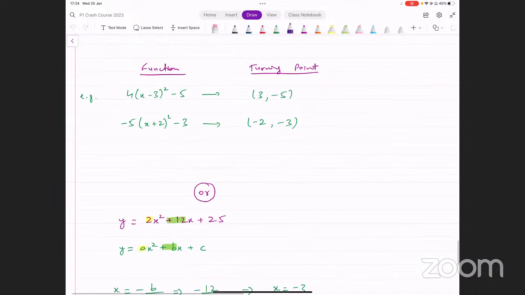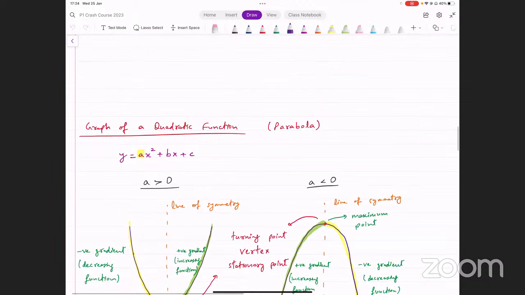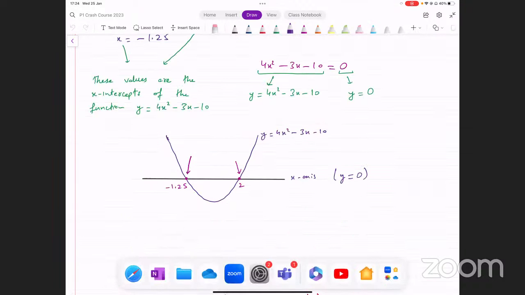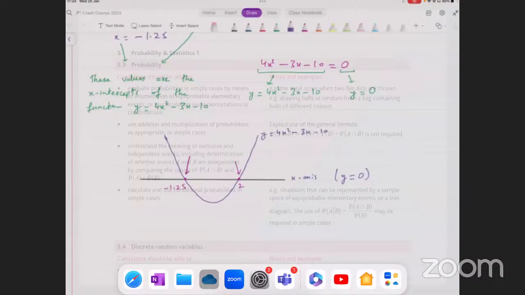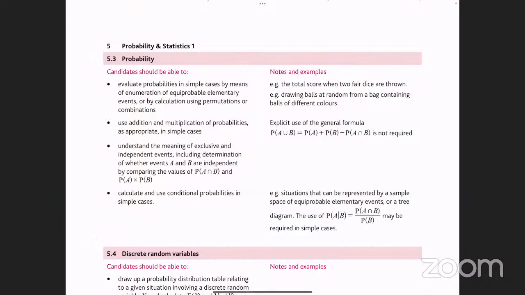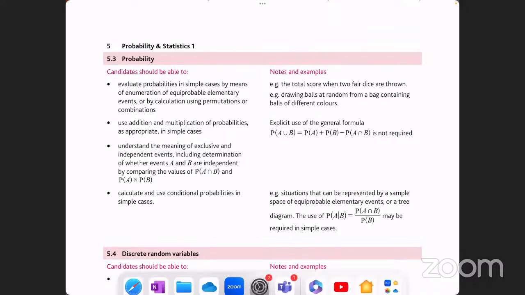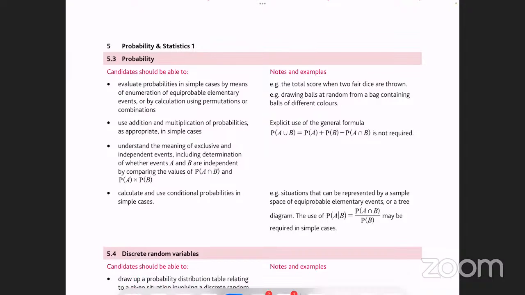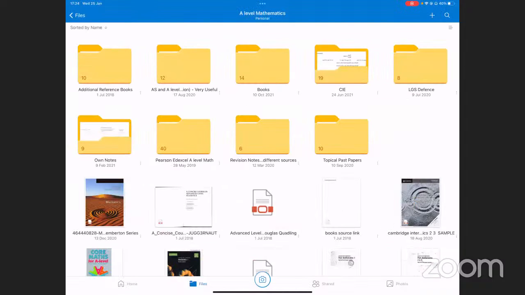Okay, so this is how we complete the square. Now, before we end, let's quickly have a look at one example. You've got the worksheet, not uploaded yet. I'll upload the worksheet so you can start doing some questions from this as well.